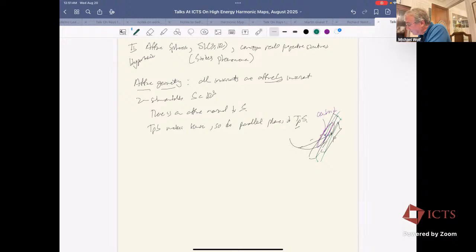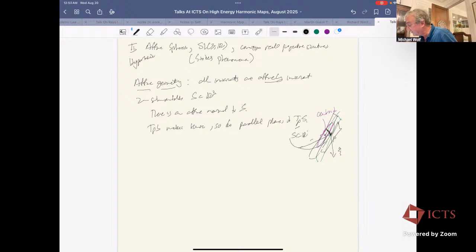I didn't do this very well, but I will connect up those centroids, and that curve of centroids has a tangent line, and that tangent line has a vector, and then using the volume form, there's a way of picking out a unique normal psi.